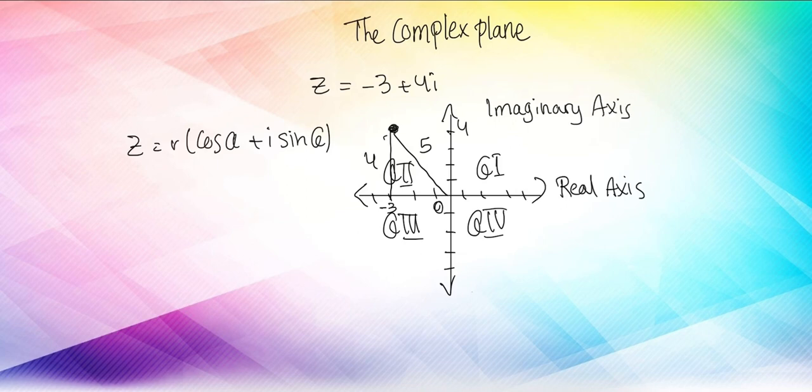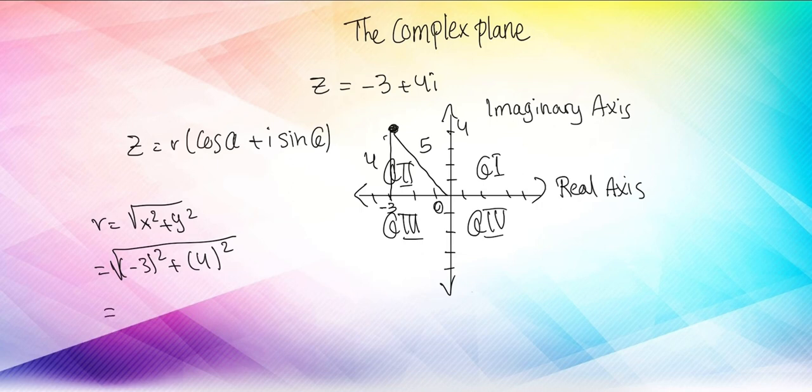r equals the square root of x squared plus y squared, equals the square root of (-3) squared plus (4) squared. We do it like this, and it equals 25, so r equals 5. Then cos θ equals -3 over 5, so θ equals cos inverse of -3 over 5, equals 126.9.